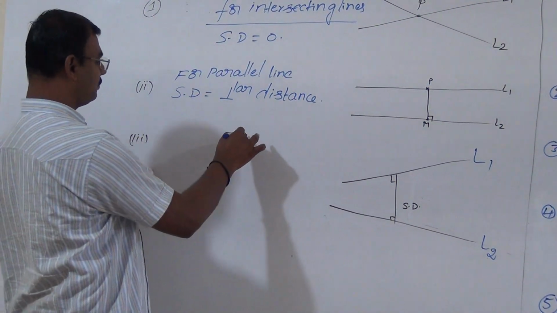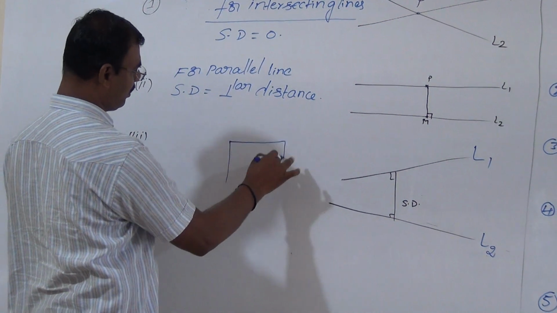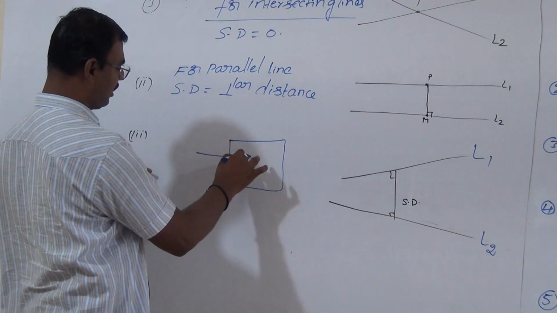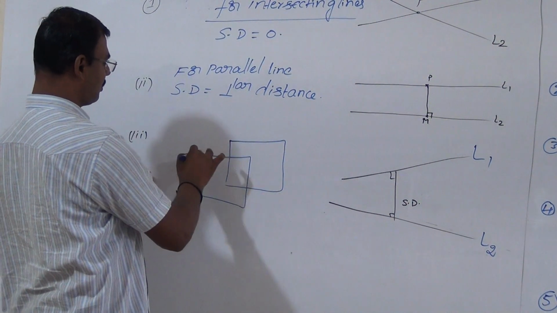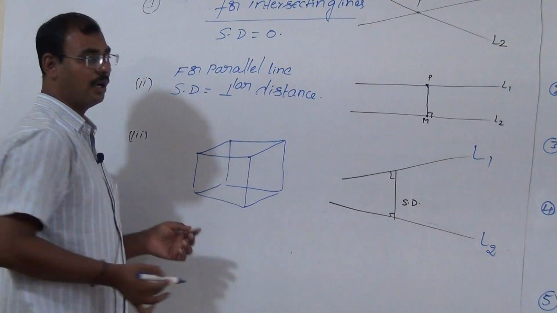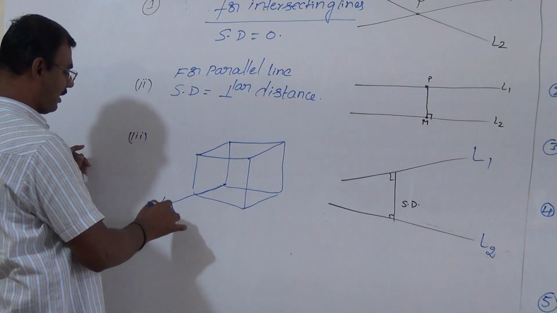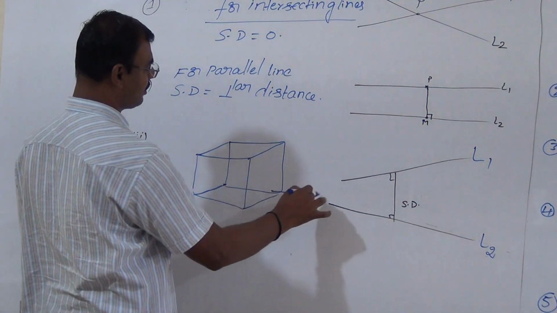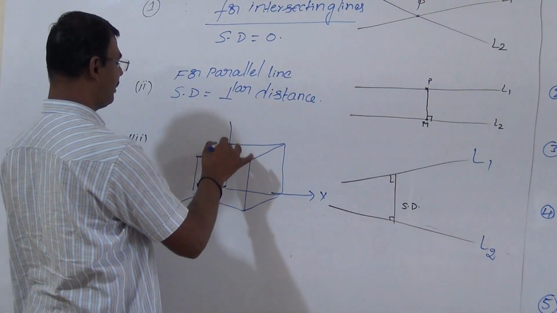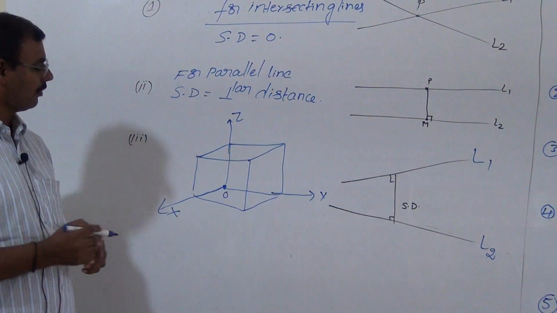For example, see here, I take a room like this, a cube or cuboid. Any room we can take here. Just we join like this the edges, we are getting the room, a classroom. So this is the x-axis, this is the y-axis, and this is the z-axis. O is the origin.